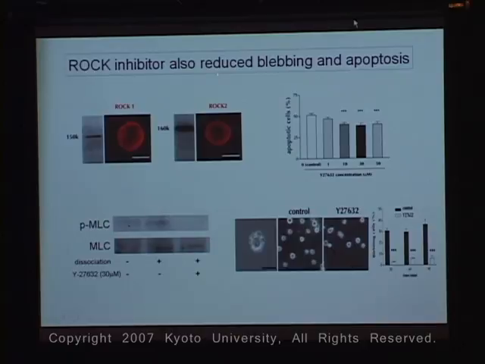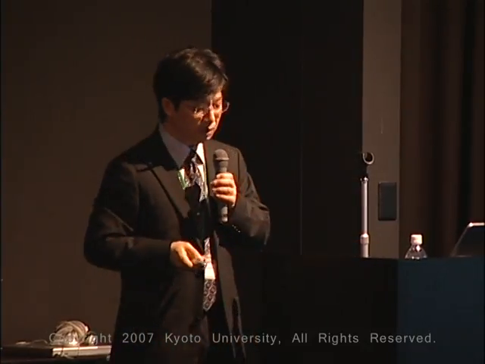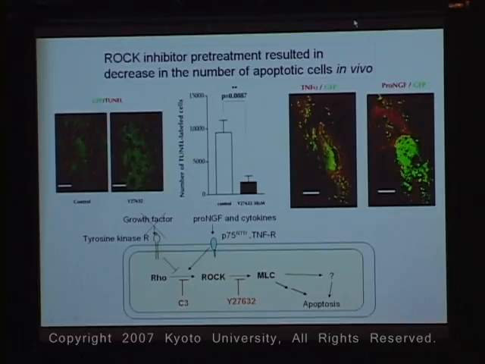So that means the ROCK inhibitor can reduce apoptosis during cell transplantation or while preparing the cells for transplantation. We use the ROCK inhibitor before the cell transplantation.